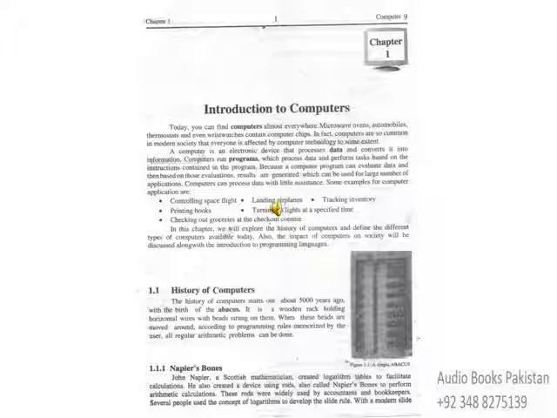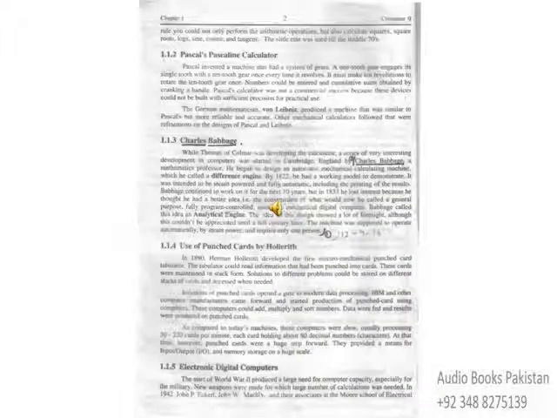Several people used the concept of logarithms to develop the slide rule. With the modern slide rule, you could not only perform the arithmetic operations, but also calculate squares, square roots, logs, sine, cosine, and tangent. The slide rule was used till the middle 70s.